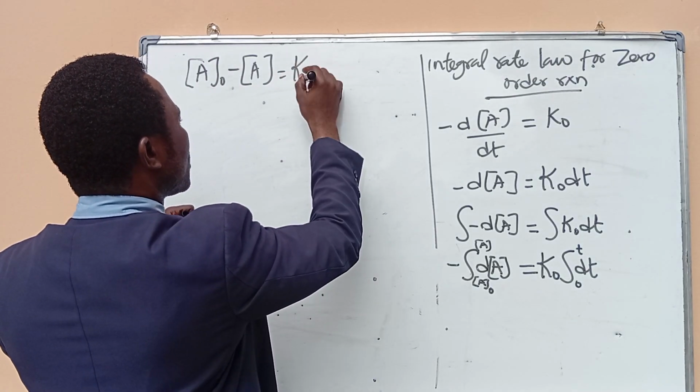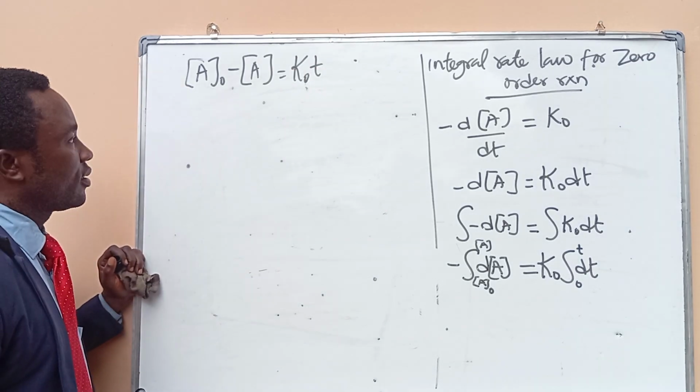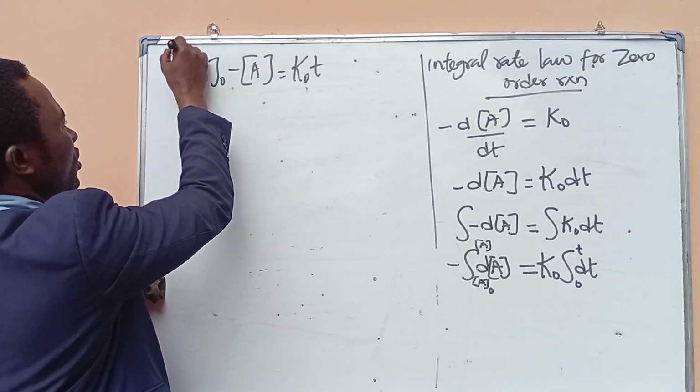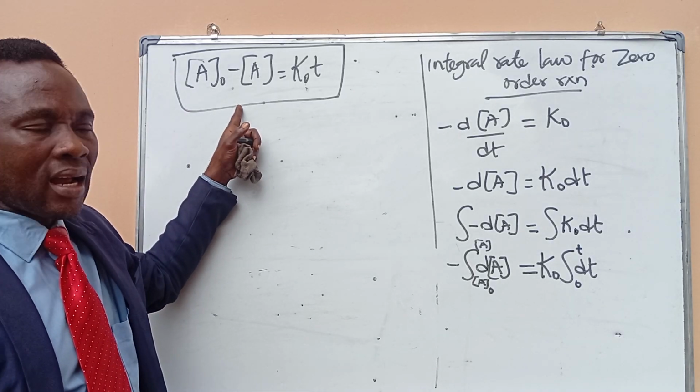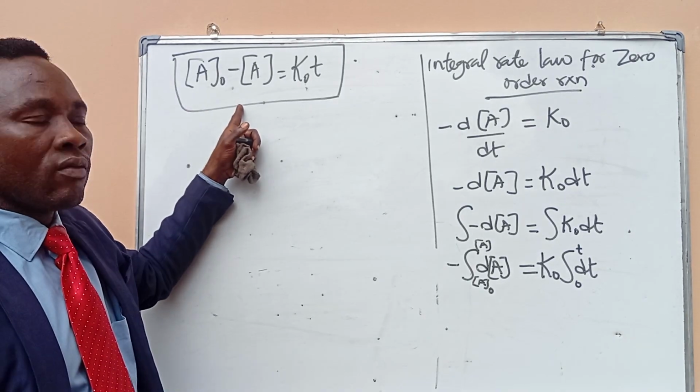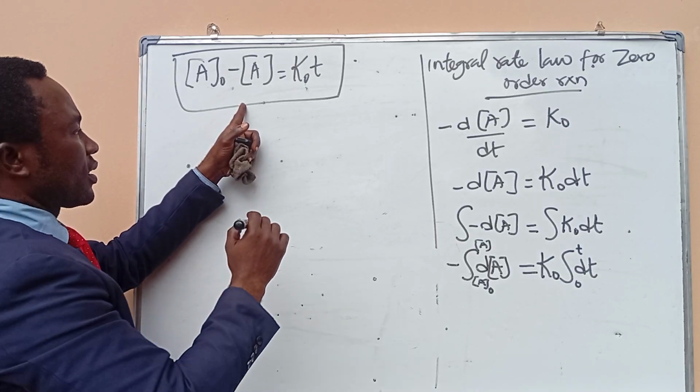When we integrate change in t, we get t. This is what we call the integral rate law for zero order reaction.